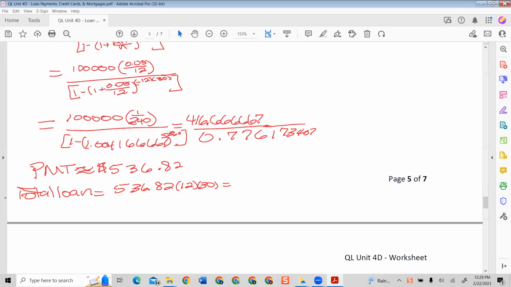And now we're going to end up paying a total of $193,255.20. And that's what's going to go on the other line. That's the total loan. Okay, so we know that one, so we can fill in that blank.